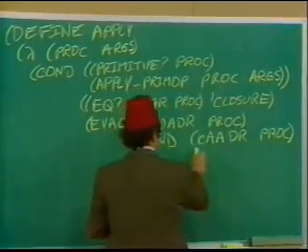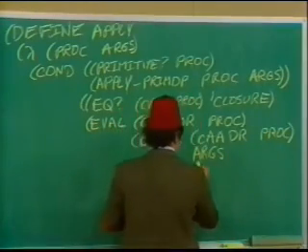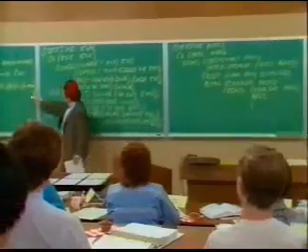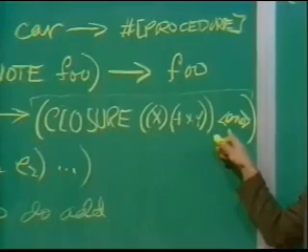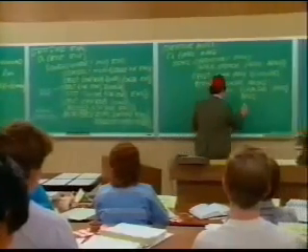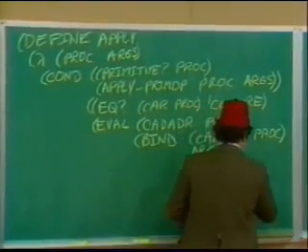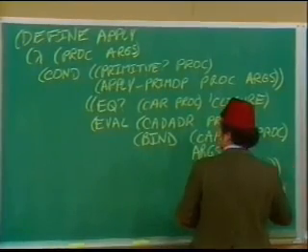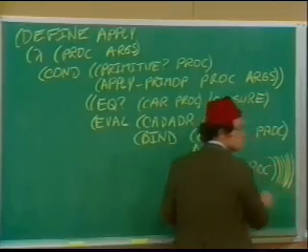Bind that to the arguments that were passed in the environment which is passed also as part of the procedure. Well, that's the car of the cdr of this. Caddr of the procedure. Bind, eval, pair, cond, lambda, define.